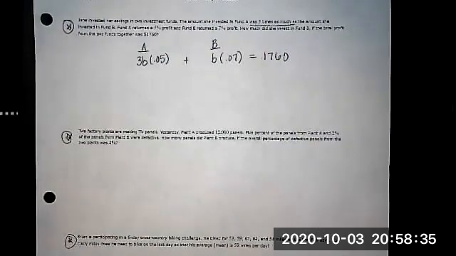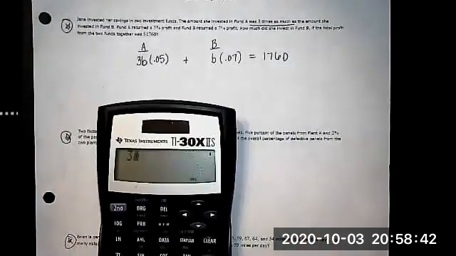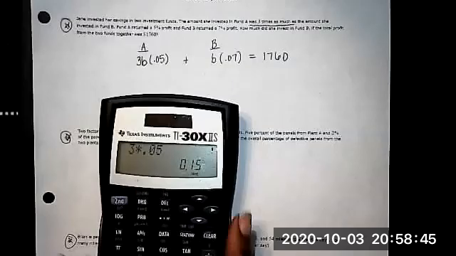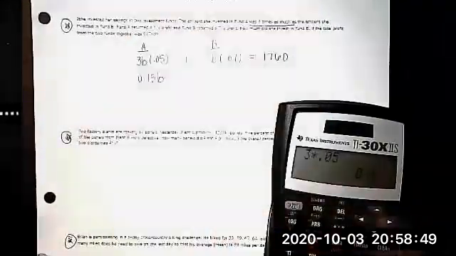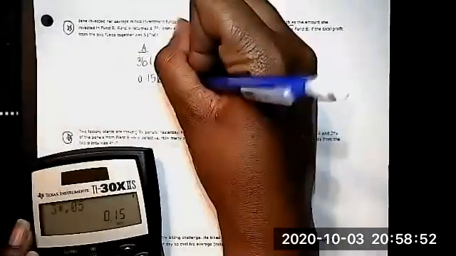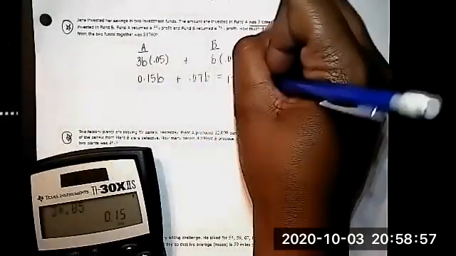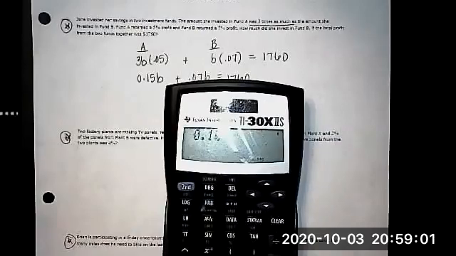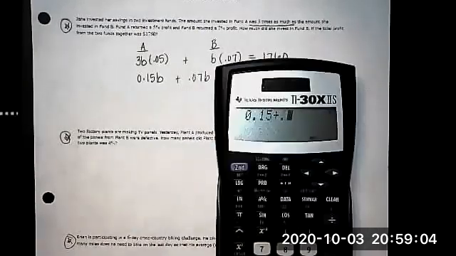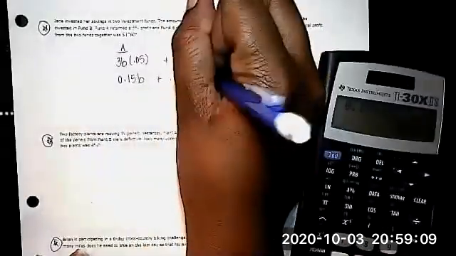Okay. So let me multiply that. 3 times 0.05. And that'll be 0.15B plus 0.07B equals 1760. 0.15 plus 0.07, and you should know that we are combining like terms.